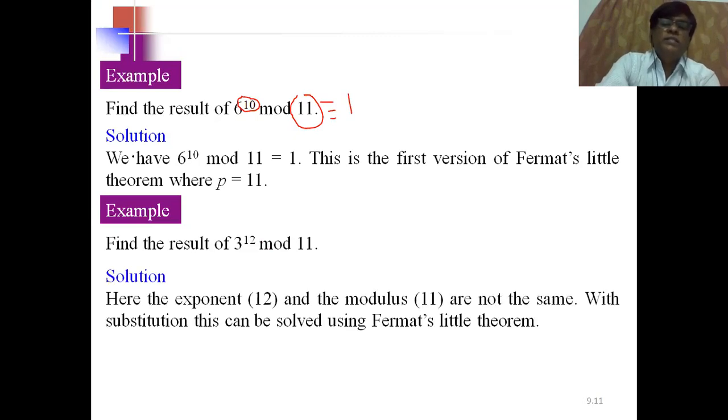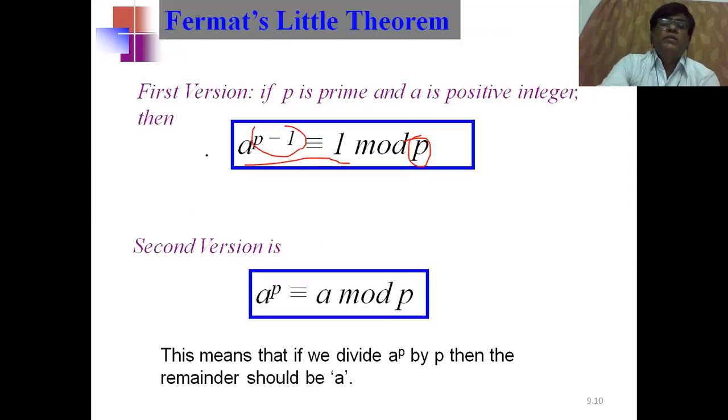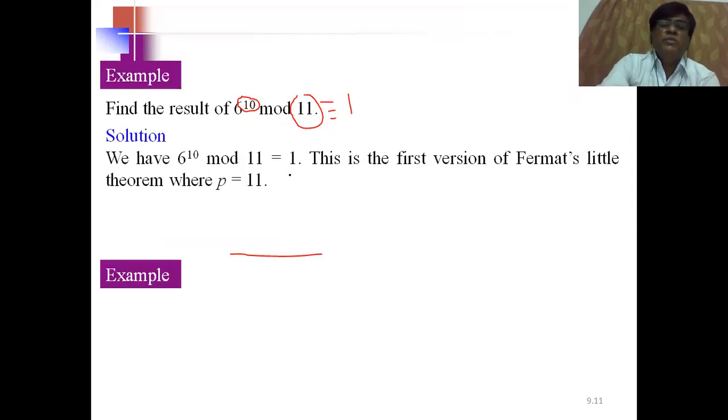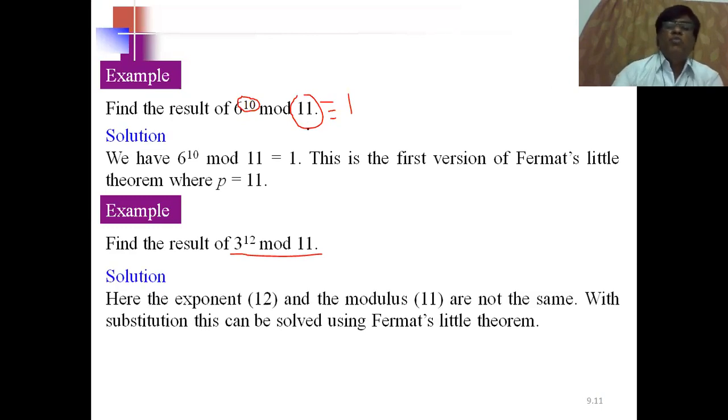Now see the second example. What is the result of 3 power 12 mod 11? Actually, the given equation is not in this formula. But if you observe the given equation 3 power 12 mod 11, you can divide that 3 power 12.